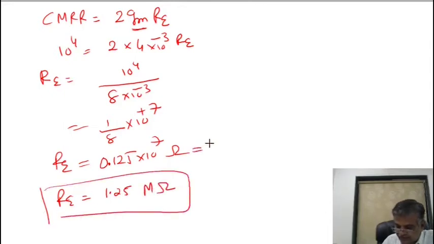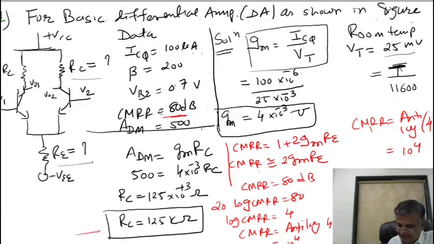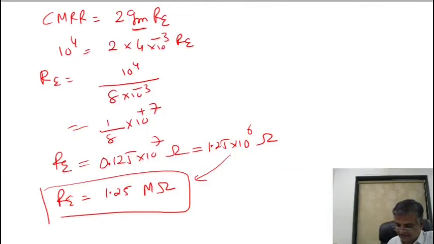Those who do not understand, for them I can write like this. So what is the question? Determine the value of RC and RE. In the previous part we determined RC, and next we determined RE.